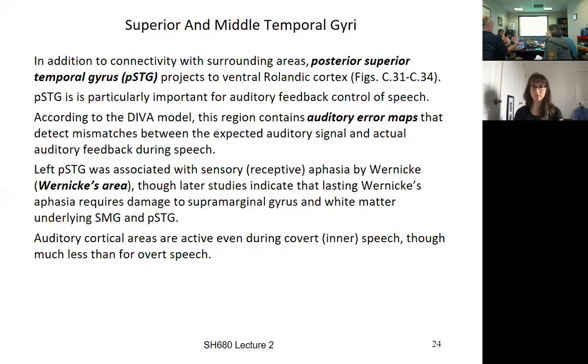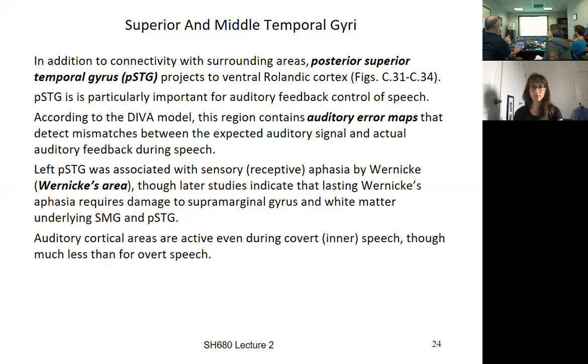You don't see right motor cortex, but you do see left motor cortex, and you do see some left auditory area. So inner speech is presumably using a subset of the structures used in overt speech, probably the ones involved in planning, and that includes the auditory cortical area. So you don't have to have auditory input to get these higher auditory cortical areas activated.